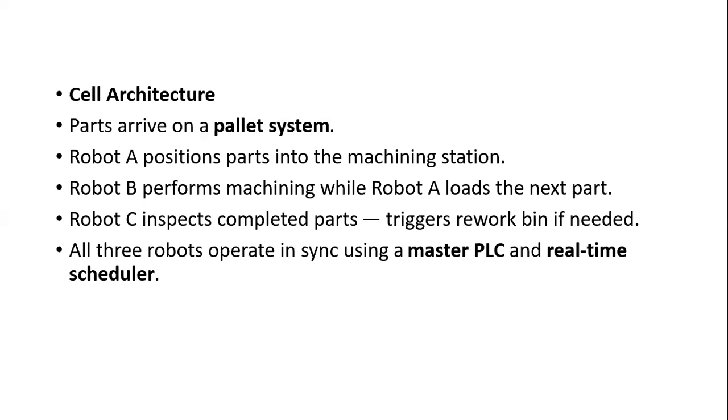So robot A will position the parts into the machining station, and the next one will parallelly perform the machining process while the previous one will do the loading of the next part, and the last one will do the quality check of the completed parts. So this is the workflow pattern of the multi-robot work cell layout. All the three robots are synchronized together with the help of the programmable logic controller.